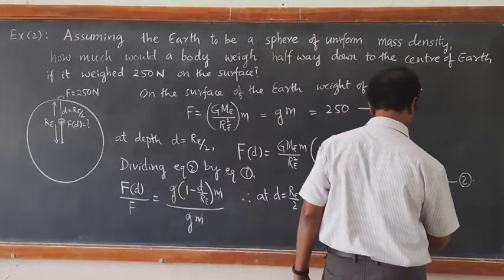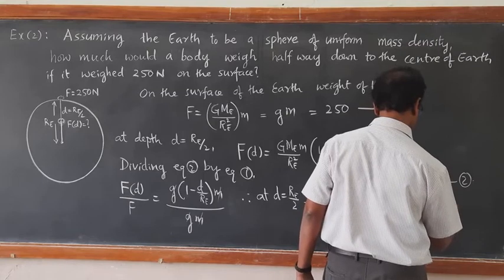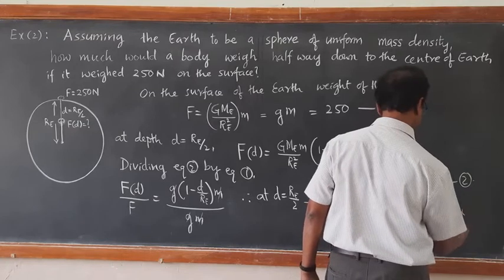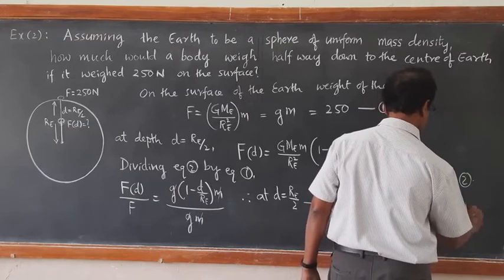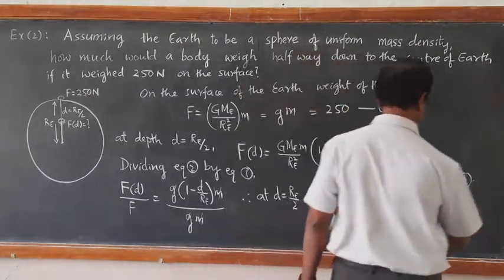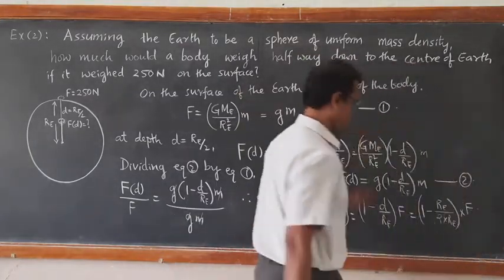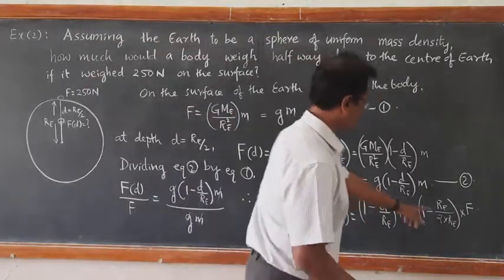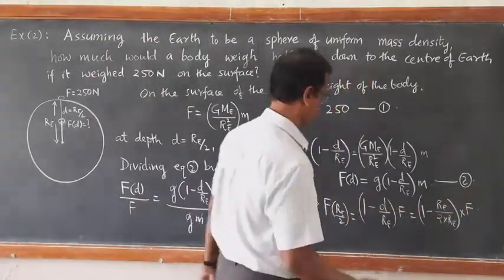So Re cancels, and finally 1 minus 1 by 2 is half.